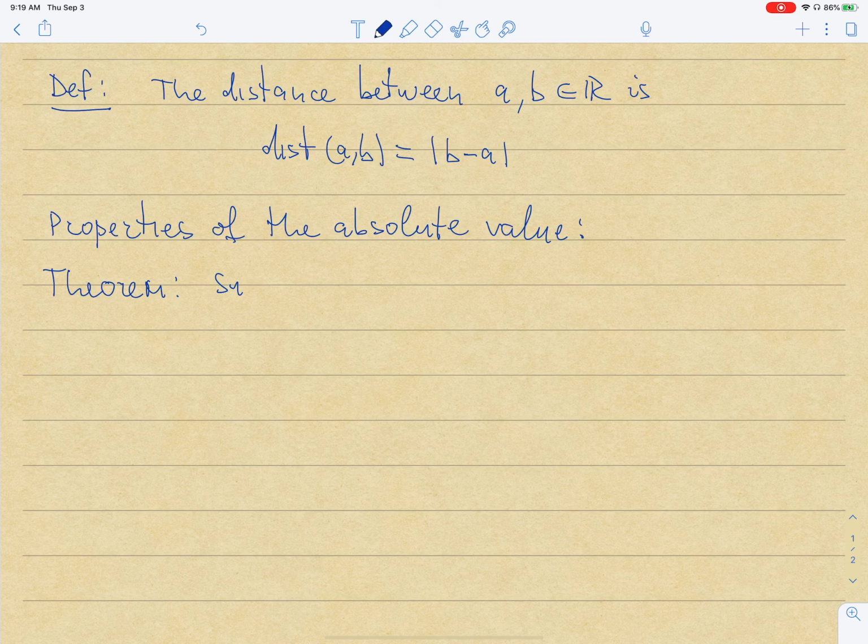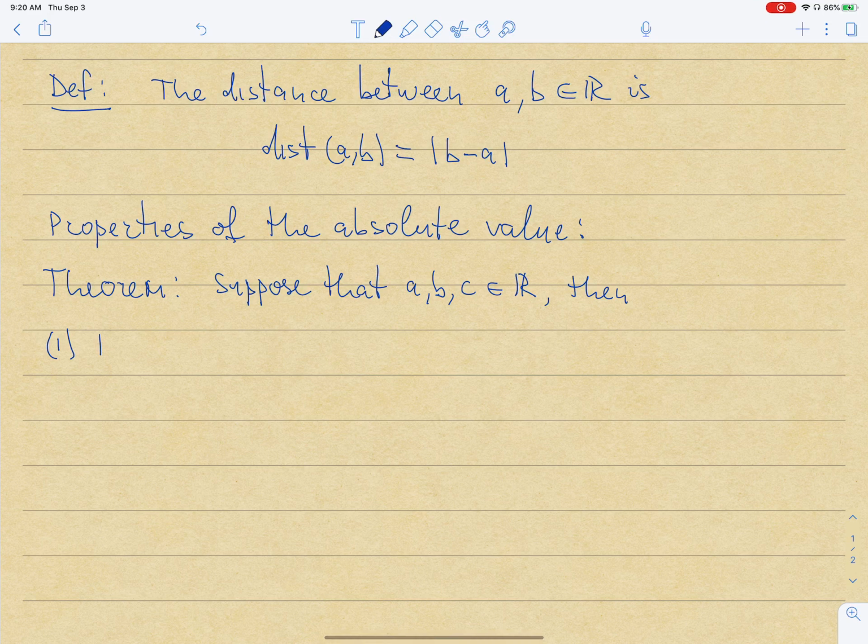I'm going to suppose that A, B, C, whatever many numbers I need in the statement of this theorem, are all real numbers. So then the following items are going to be true.